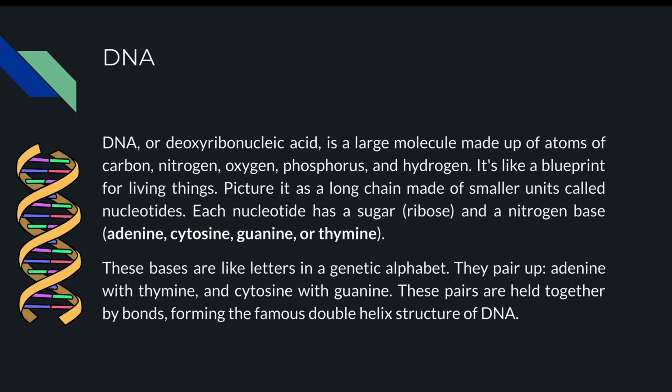Each nucleotide has a sugar and a nitrogen base. That could be adenine, cytosine, guanine, or thymine. These bases are like letters in a genetic alphabet. They pair up, adenine with thymine and cytosine with guanine. These pairs are held together by bonds, forming the famous double helix structure of DNA.